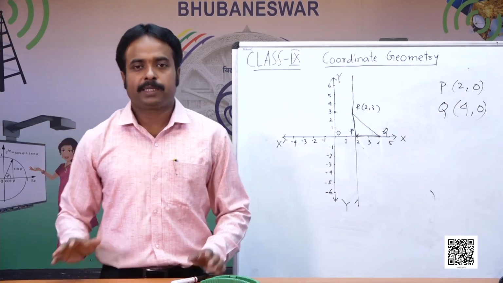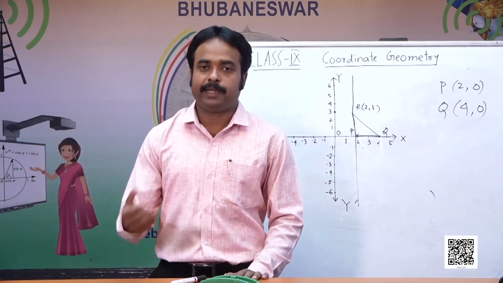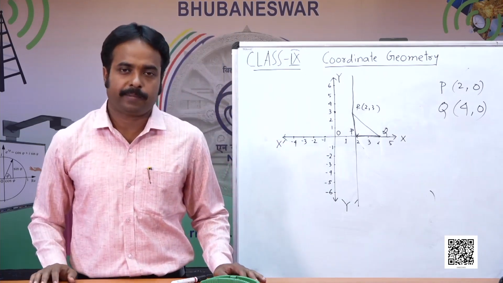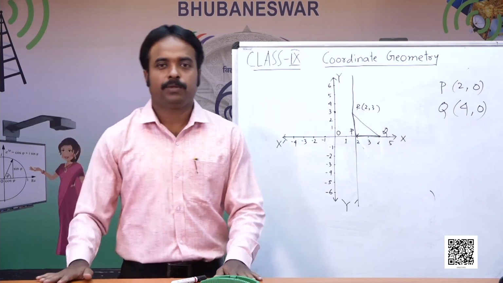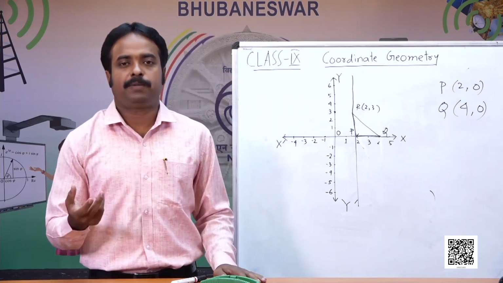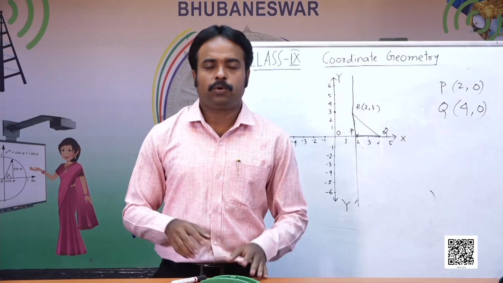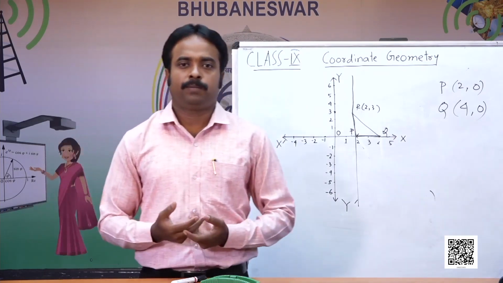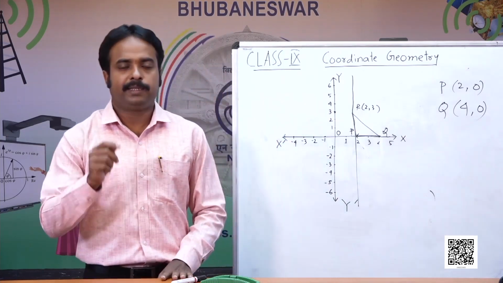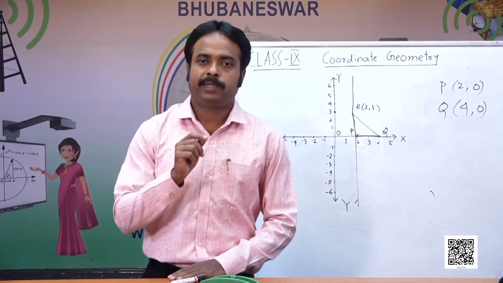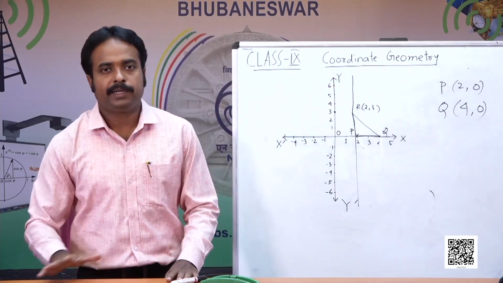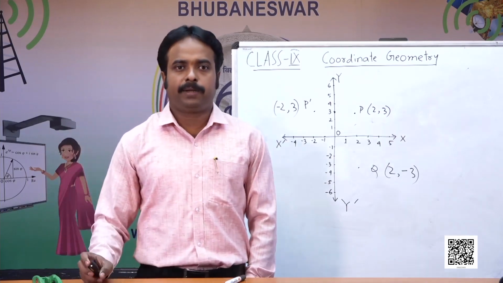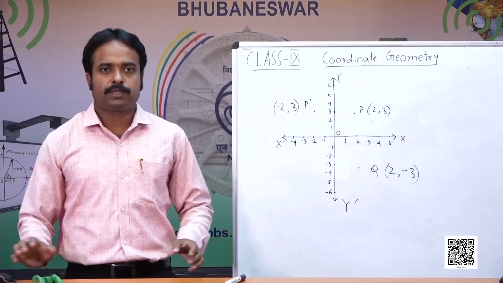We are getting an infinite number of values of R. So if the question asks to take any point R, among all these points you may take any one of these, and you may say that this is R, and our triangle PQR is a right triangle. Now let us give you another assignment.